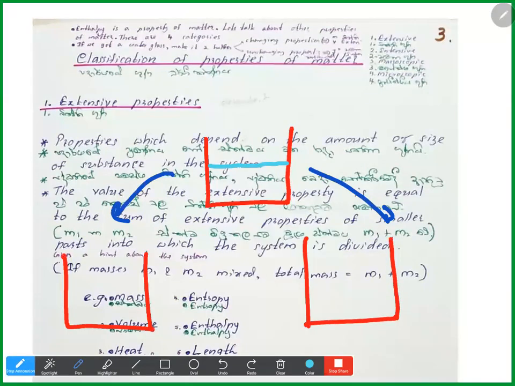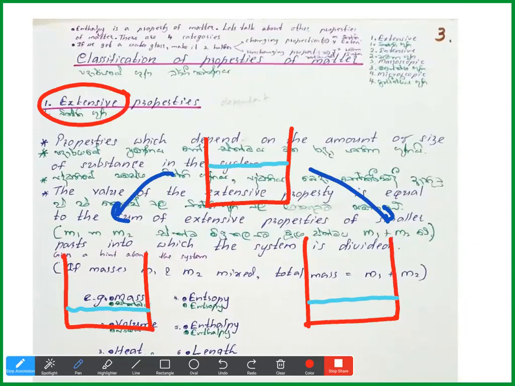Now I am dividing this water into two. One part is going to one beaker, the other part to the other beaker. Whatever properties change depending on the amount are called extensive properties. As an example, volume is changing and mass is also changing.